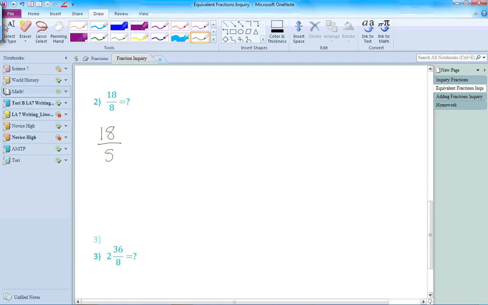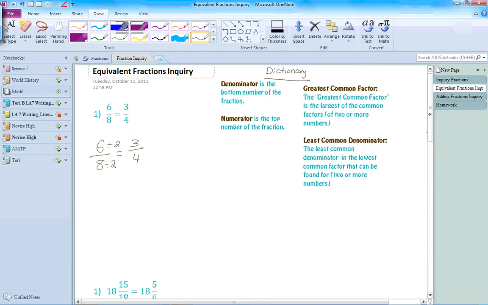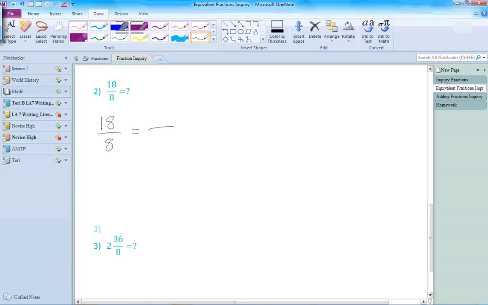18/8 equals blank. So what we're going to do is see how the numerator is bigger than the denominator. So we're going to try to make this a whole. How many?